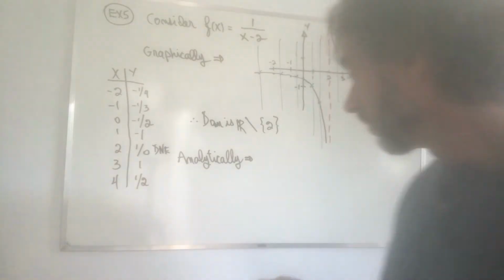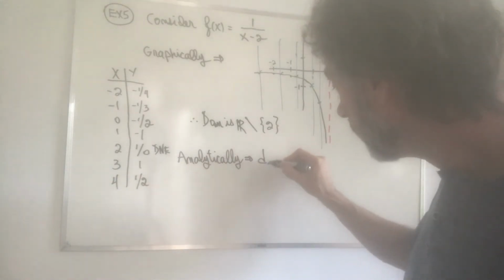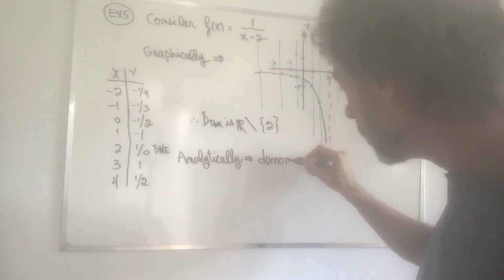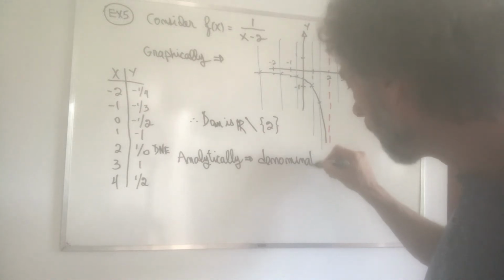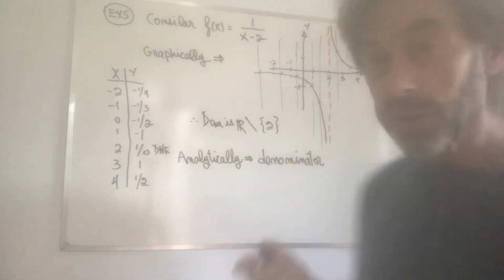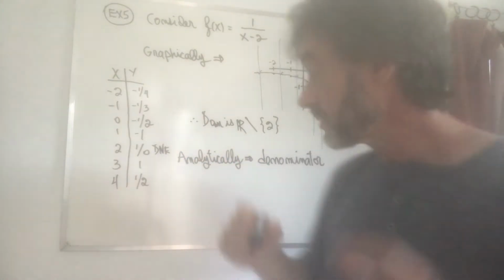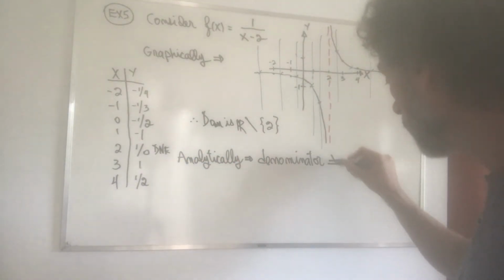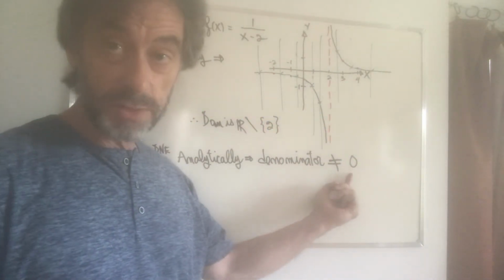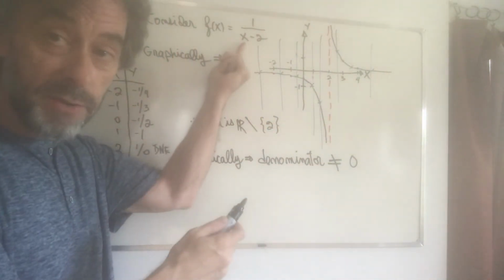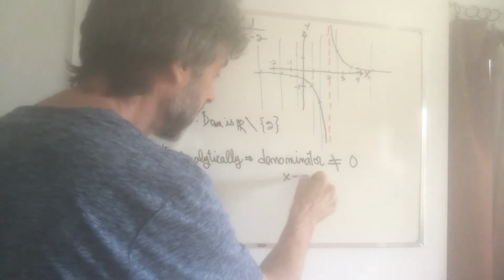So, analytically, the denominator of my f of x cannot be 0. I'm going to write it this way. Denominator cannot be 0. What's my denominator here? x minus 2.